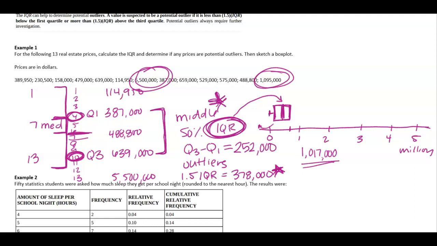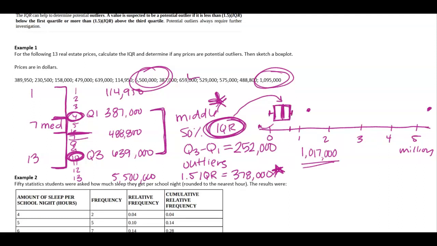So both this house here and your 5.5 million, we call outliers, and we put them with a little dot. Then we use the next number in the data set in order to do our little line, which ends up being actually right here.